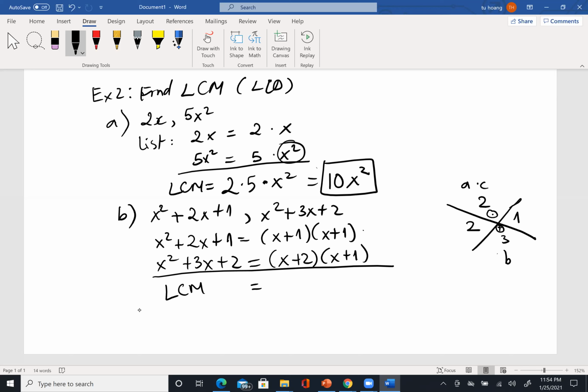So for the factor x plus 1, how many times does it appear? You see for the first expression you have 2 factors of x plus 1, which equals x plus 1 to the power 2. So that's going to be the greatest number of times x plus 1 appears. And then you multiply by the other factor, which is x plus 2, and this appears only one time. And that's going to be the LCM of these two expressions.